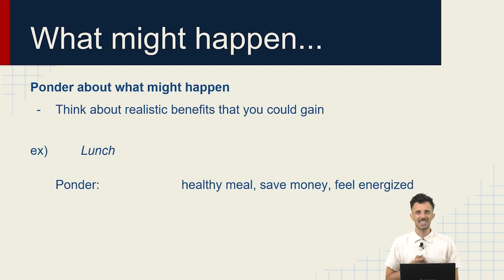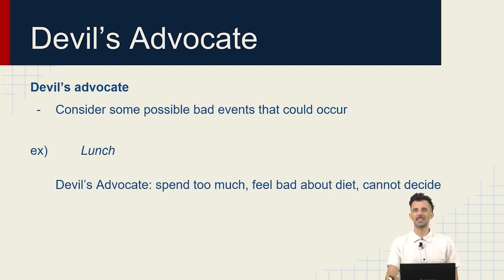But the last one, I call it the devil's advocate. This is a common term that people use. The devil's advocate is when you're arguing with someone who has the same opinion as you, and you choose to argue from the other side. In this case, if you want to think about things critically, you could consider some possible bad events that could occur, like your own problems, things that you make mistakes on.